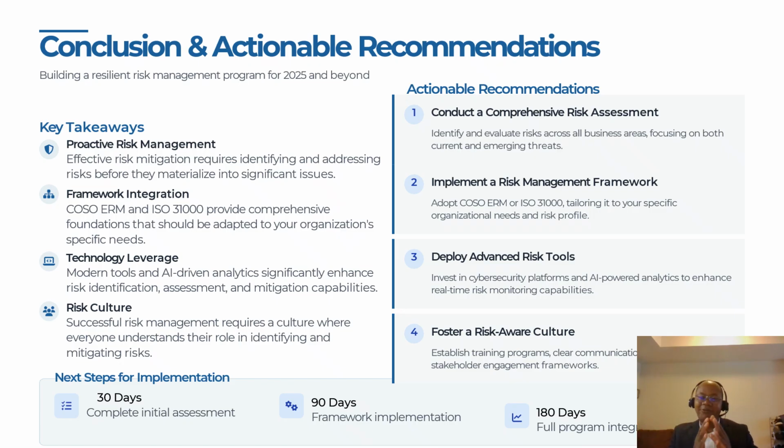Implement a risk management framework. You can adapt or adopt the COSO ERM or the ISO 31000, but you must ensure you tailor this to your specific organizational needs and risk profile.